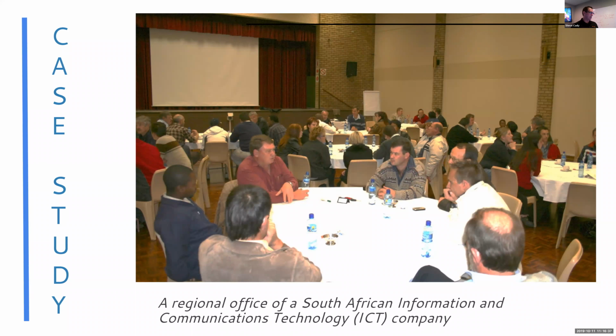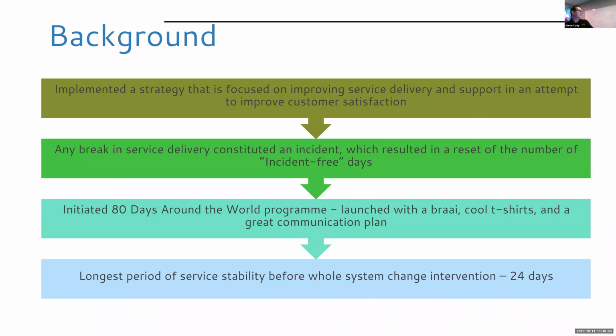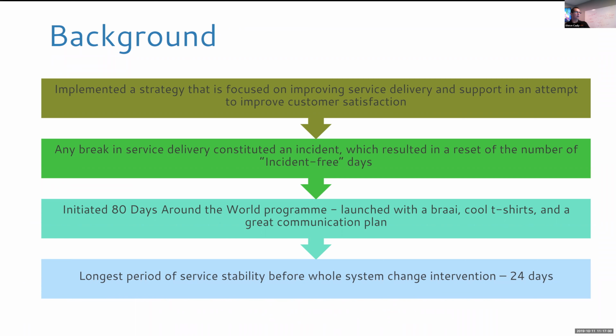And those of you that are looking at this room are seeing the individual group whole design where you have tables of, right there, 1, 2, 3, 4, 5, 6, 7 people sitting at a table. This is an actual group. It's the regional office of the South African Information and Communication Technology Company. And so here's the issue. They implemented a strategy that is focused on improving service delivery and support in an attempt to improve customer satisfaction.